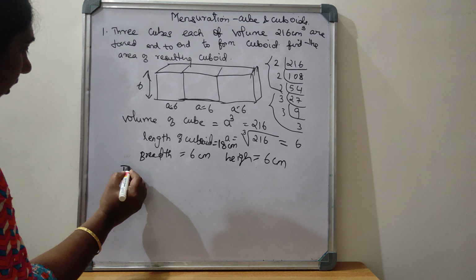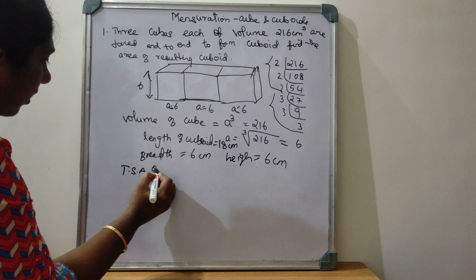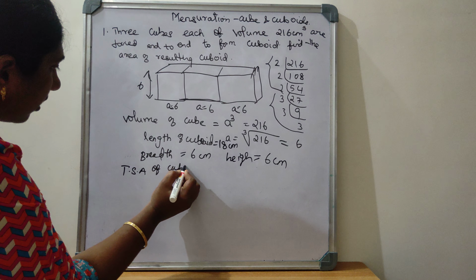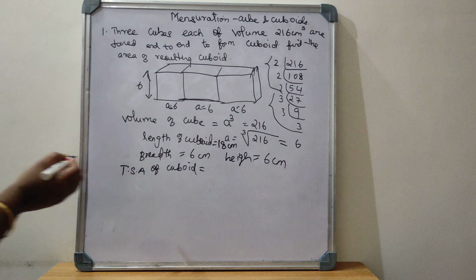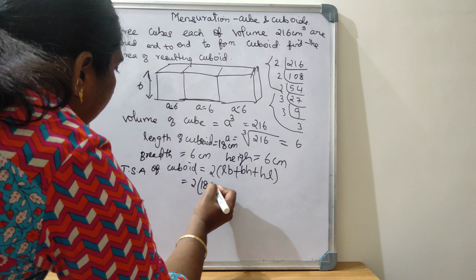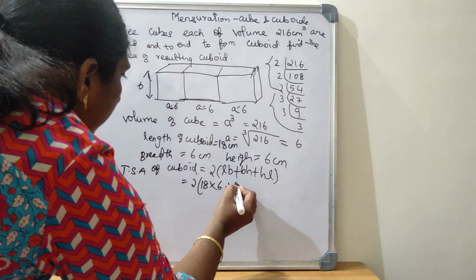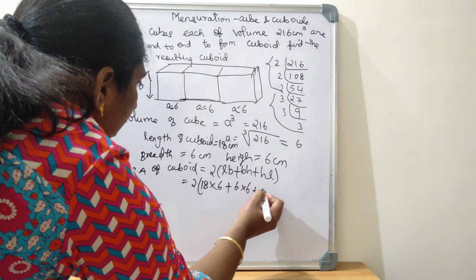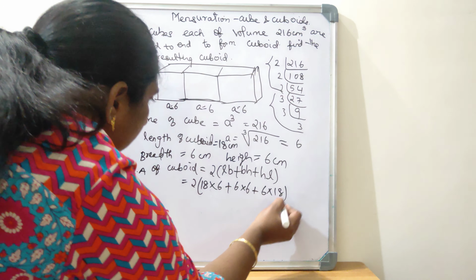So the TSA of the cuboid formula is, total surface area. The sides we are able to view here are 2 length, 2 breadth and 2 height. So 2 into LB plus BH plus HL. So 2 into 18 into 6 plus 6 into 6 plus 6 into 18.